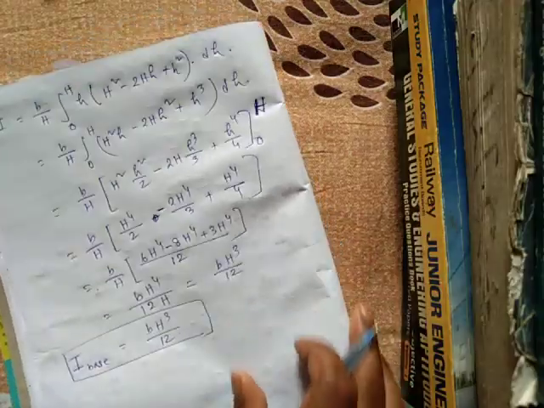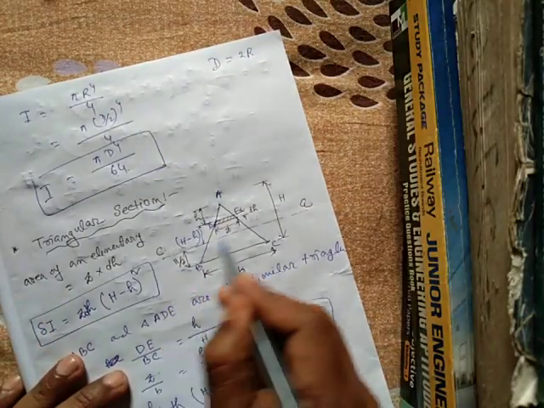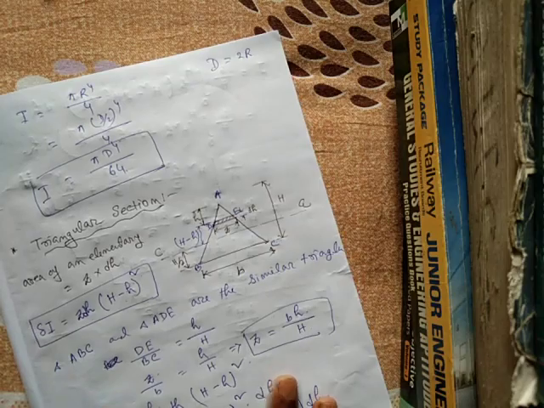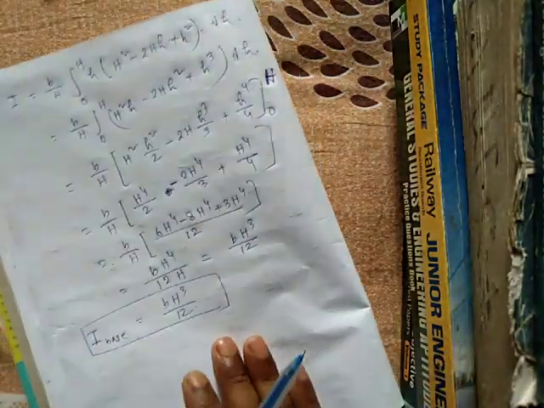Now find the moment of inertia about the CG. What will it be? Here we can apply the parallel axis theorem. What is the parallel axis theorem?